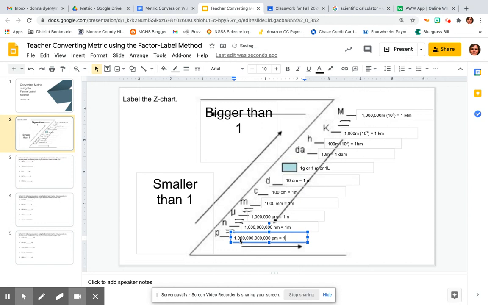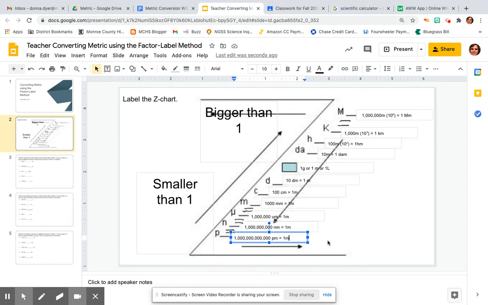So if we were to take a meter stick and divide it into 1 trillion equal pieces, one of those 1 trillion pieces of that meter stick would be 1 picometer. So you can imagine how small that would be. It is so, so small.